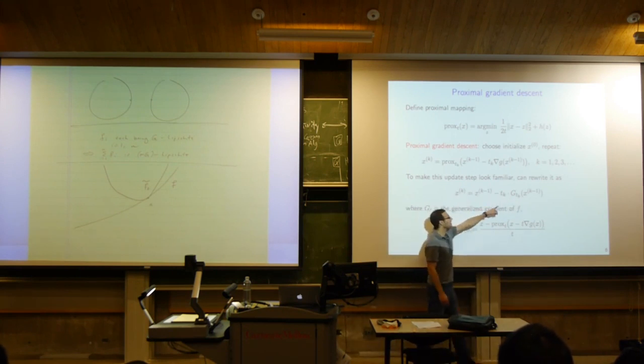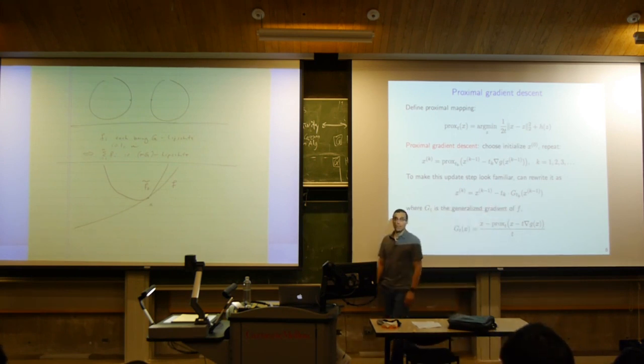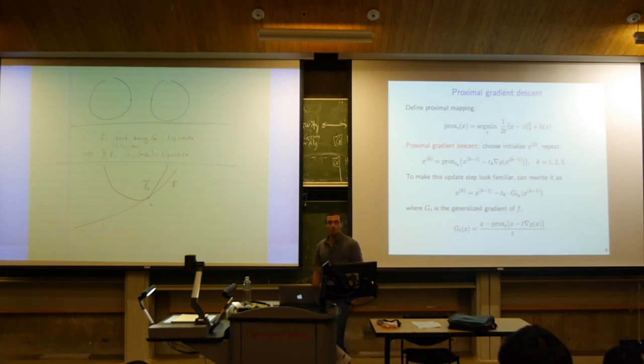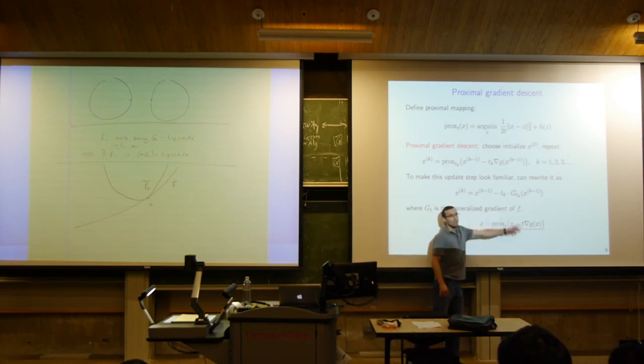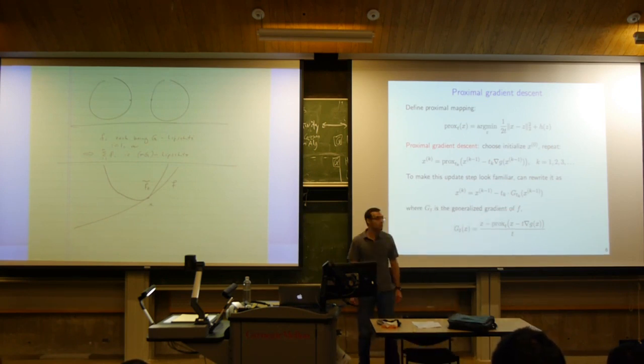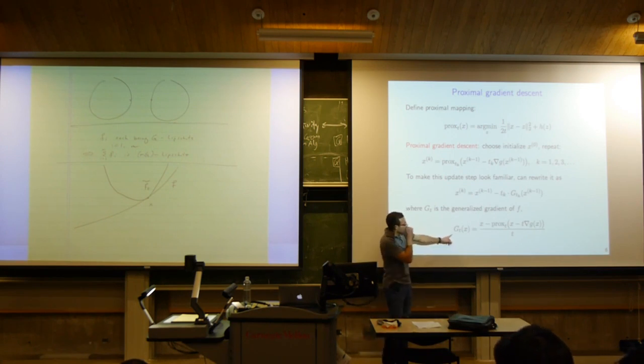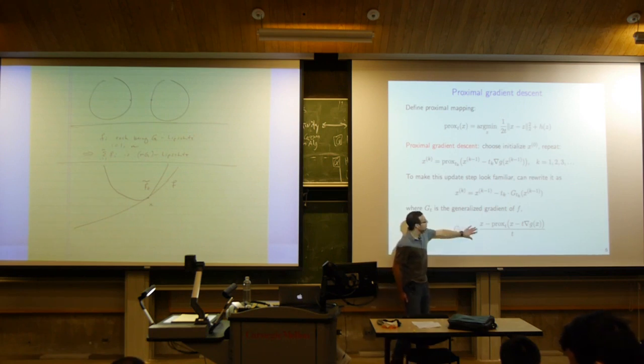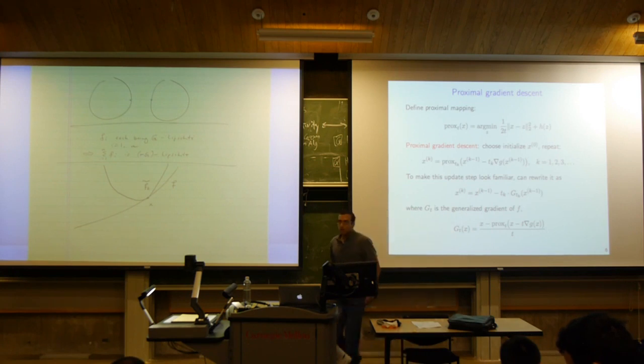And you can treat this kind of like the gradient. We call it the generalized gradient. And in fact, it has a lot of properties of the gradient. And that's something that you'll leverage when you prove that proximal gradient converges on your homework. That this thing actually has a lot of properties that are similar to what we know about gradients for convex functions. Okay, so that's how it's defined. At a point x, it's just x minus the prox over t. Again, nothing super insightful. It's just a way that we can write this in a more familiar form.